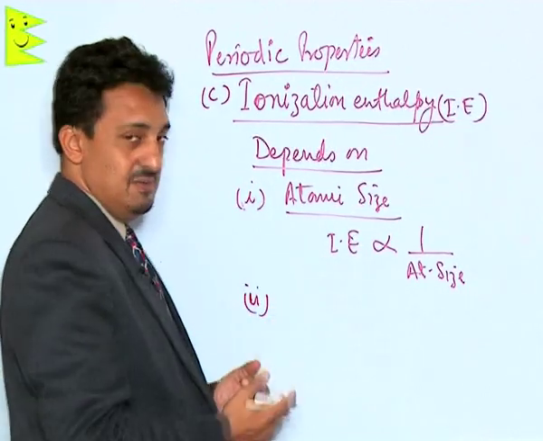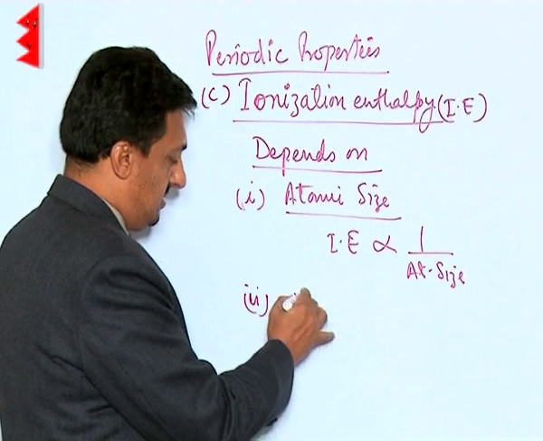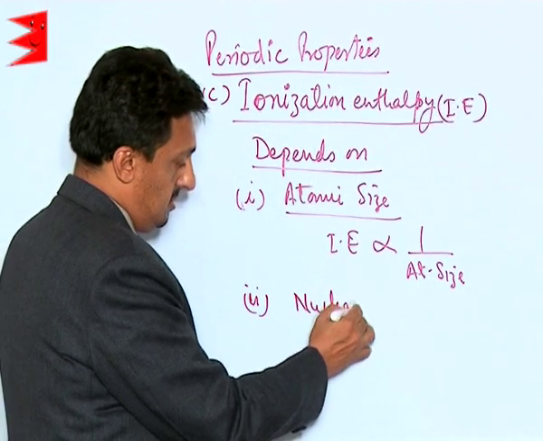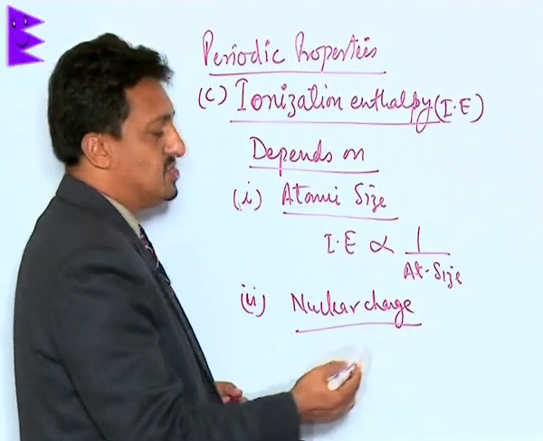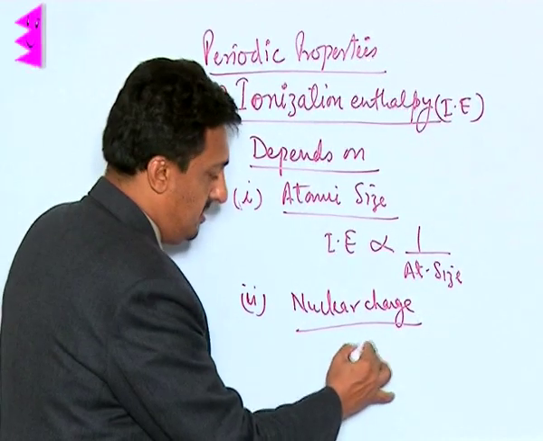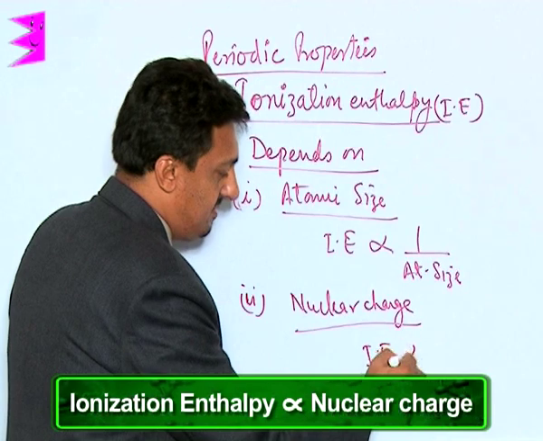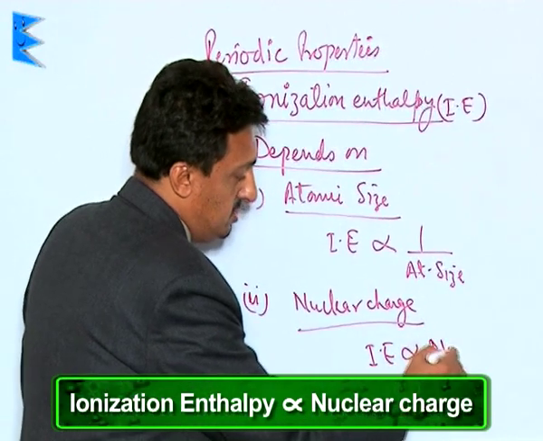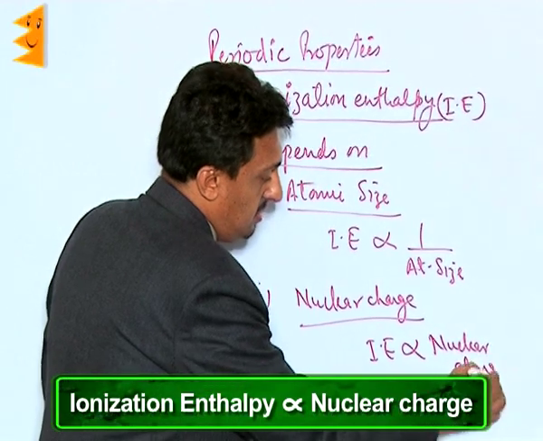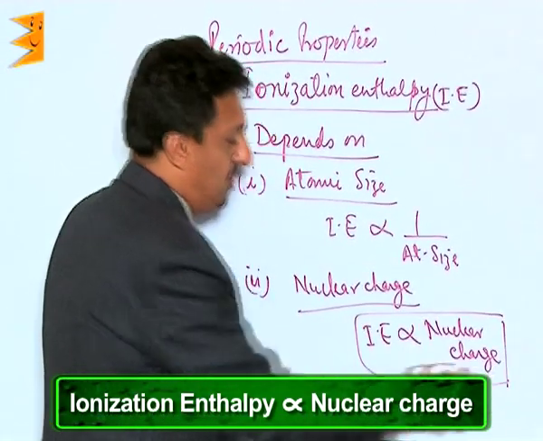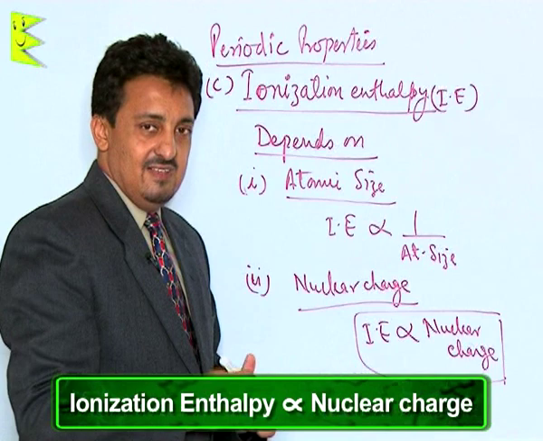The second factor on which it depends is the nuclear charge or nuclear pull. The ionization enthalpy is directly proportional to the nuclear charge. The larger the nuclear pull or nuclear charge, the higher the ionization enthalpy.